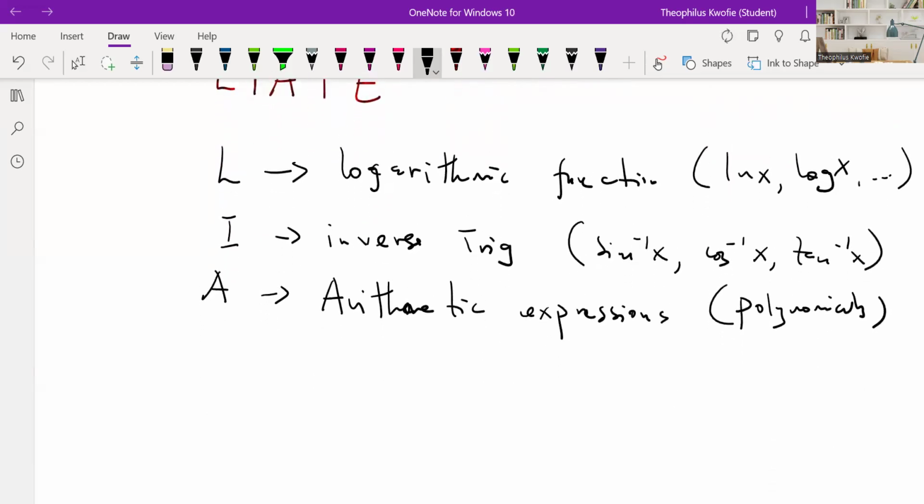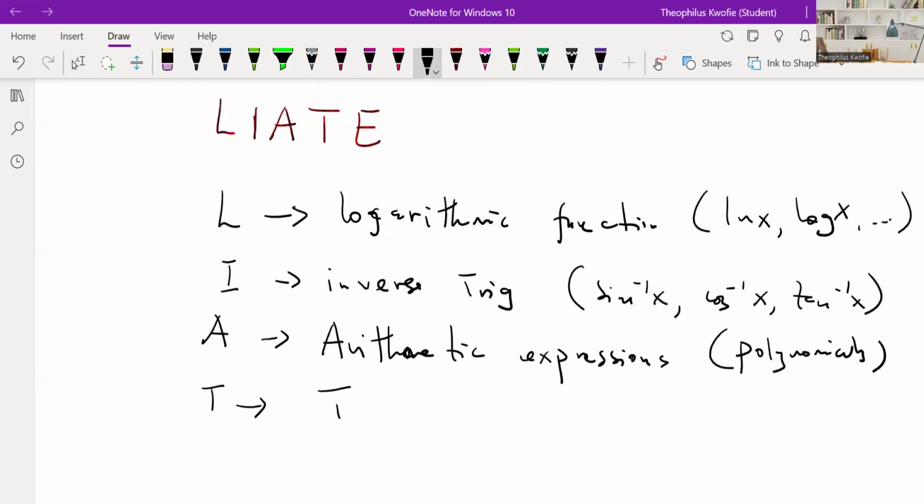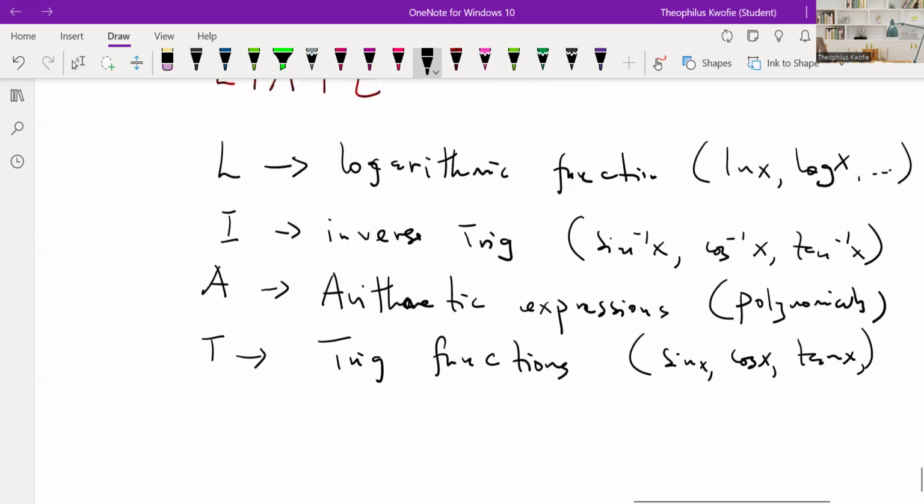And then the T, what is the T? The T stands for trig functions. As we may know, we have the sine x, the cosine x, the tan x, and all of that. And then finally we have the exponential functions.